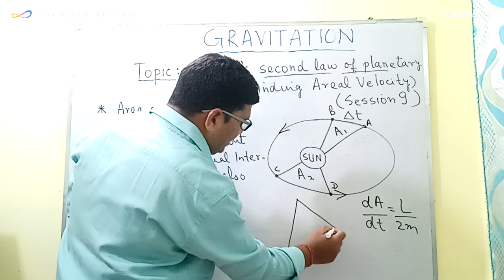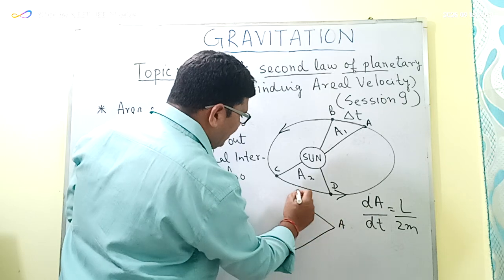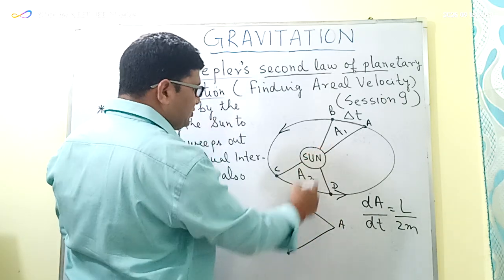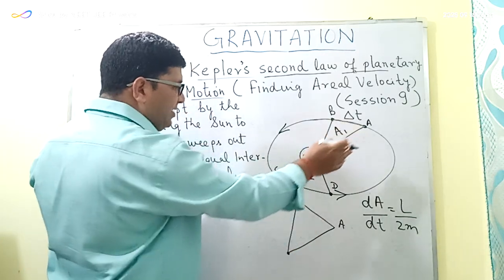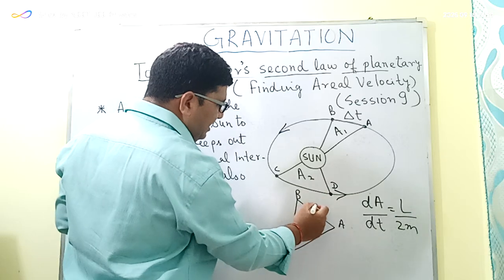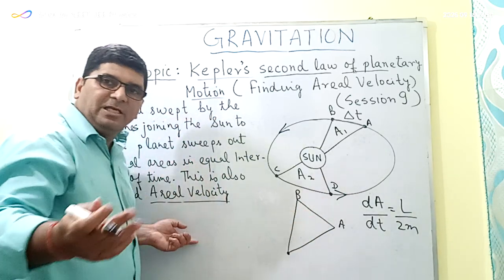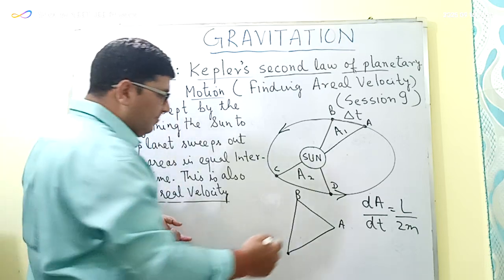This is point A, this is point B, and this is the point where these two lines meet at the sun. Since the orbit is very large, though AB is an arc, it can be taken as a straight line, and we are doing this in order to make the calculation simpler.